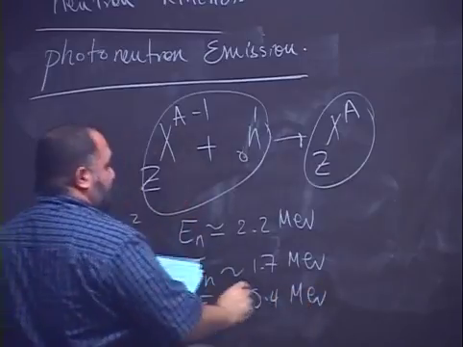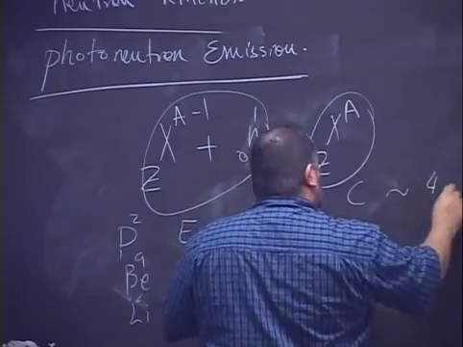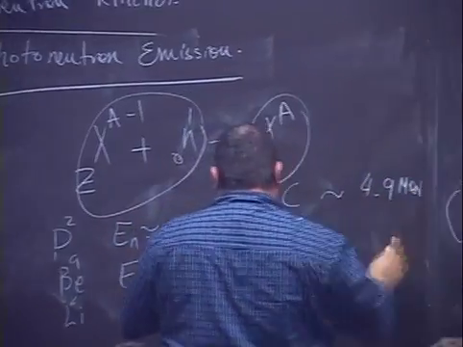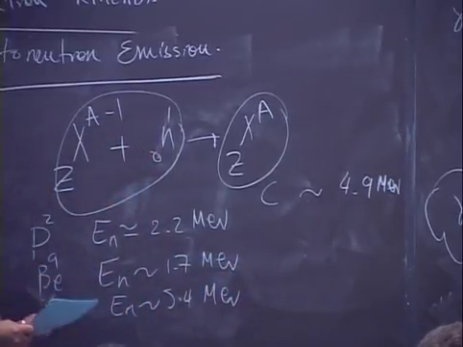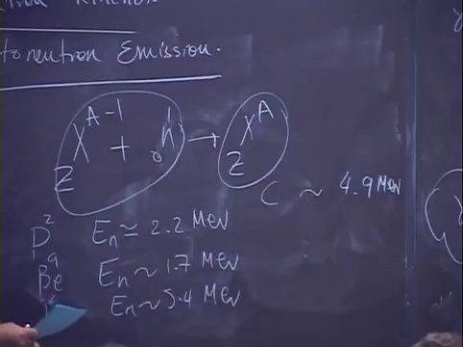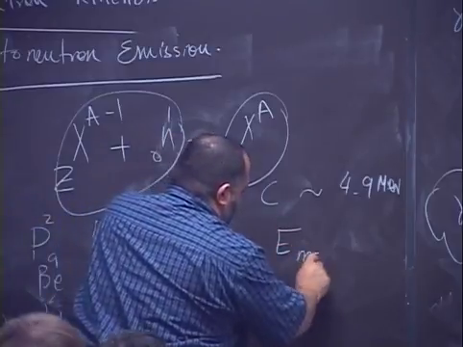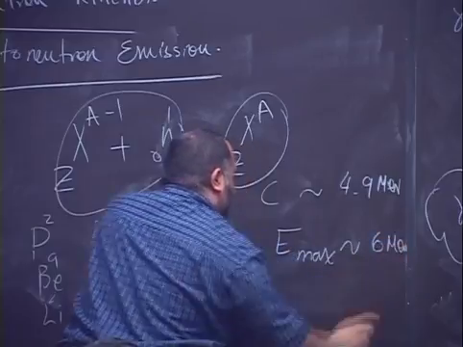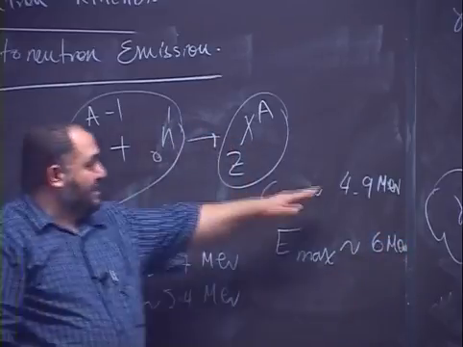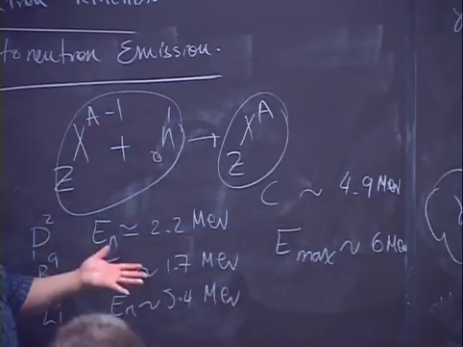For carbon, it's around 4.9 MeV. So what happens is, if you have gamma rays coming from the fission products, usually they come up to a maximum energy of nearly 6 MeV. And 6 MeV is higher than any of those energies. Okay, guys? So you have a maximum of 6 MeV.